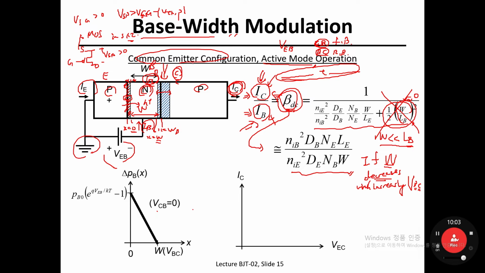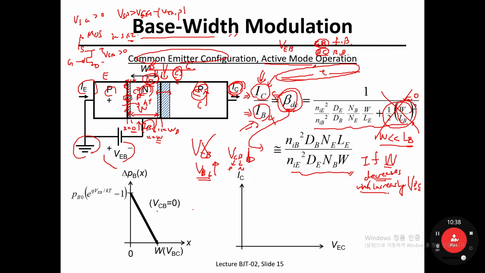I'm talking about VBC, not VCB, right? The collector side is P-type and the base side is N-type. So VBC increasing means VCB decreasing, and in a PN junction, the voltage across the junction is decreased, which means it is reverse biased. So the base collector junction is more reverse biased.